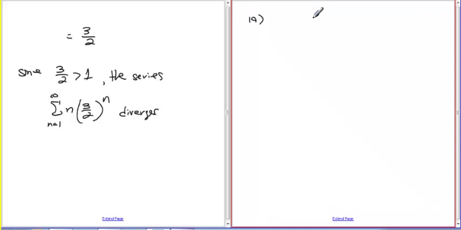Again, we have a ratio of two different kinds of function: a single-term polynomial, a quadratic term, and an exponential term. So a sub n is 2 to the n over n squared. A sub n plus 1, excuse me, it's going to be 2 to the n plus 1 over n plus 1 quantity squared.